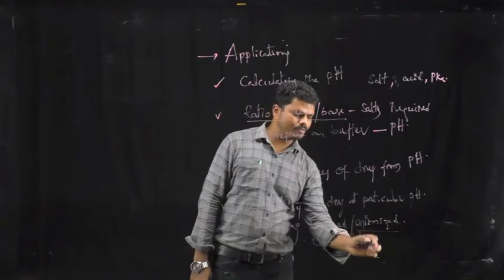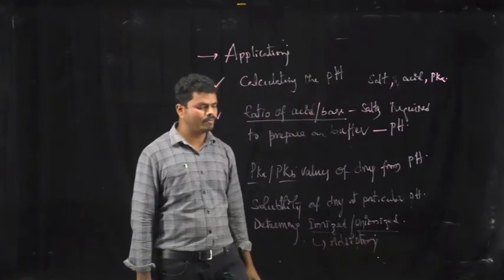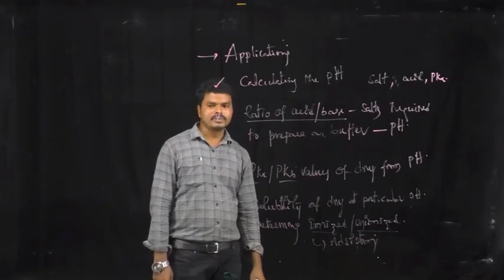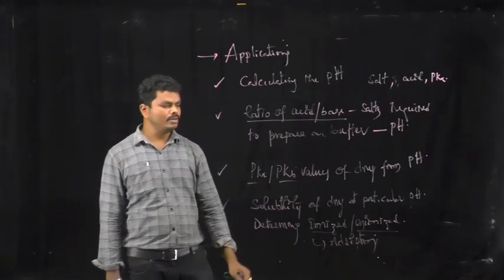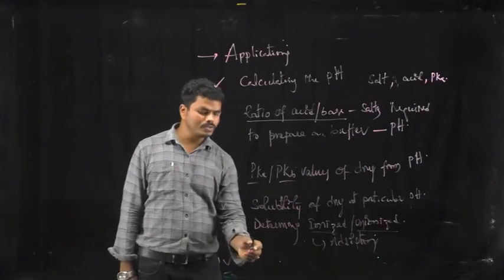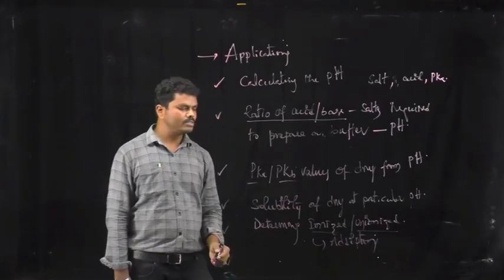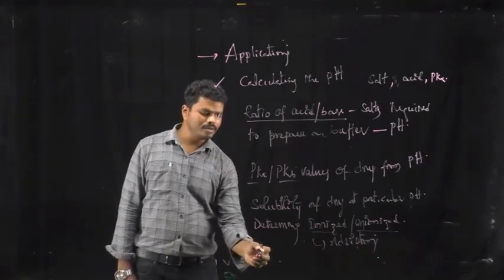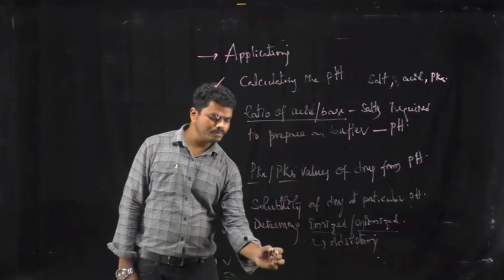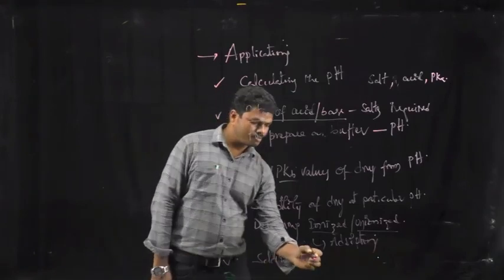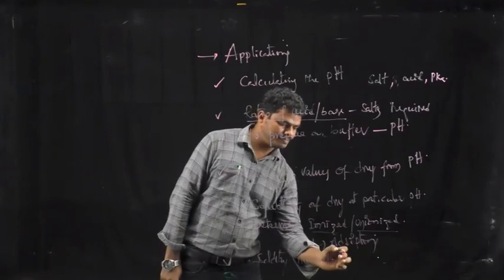So the absorption patterns of these drugs can be determined by knowing the ionized and unionized capability of the drug at a particular pH. And these equations are also useful for selecting the salt forming agents.